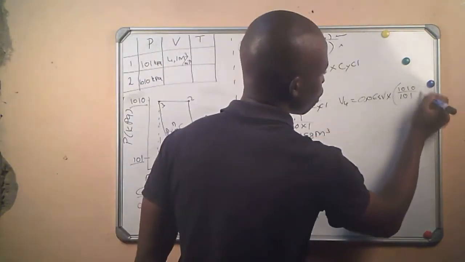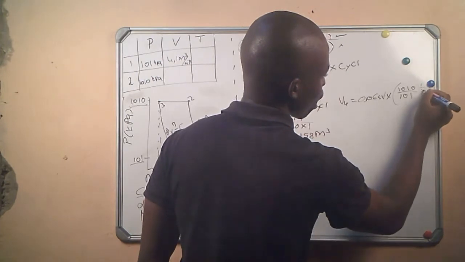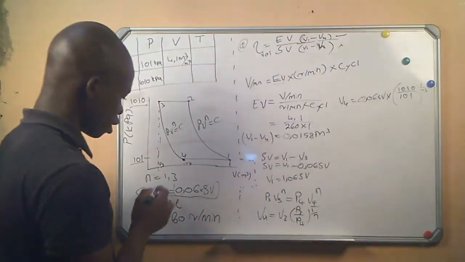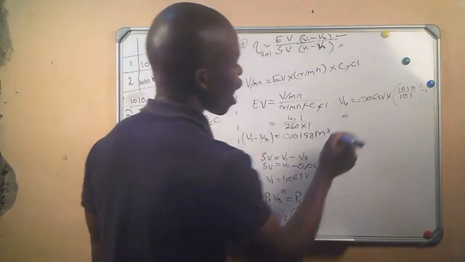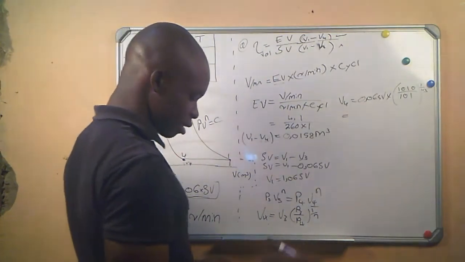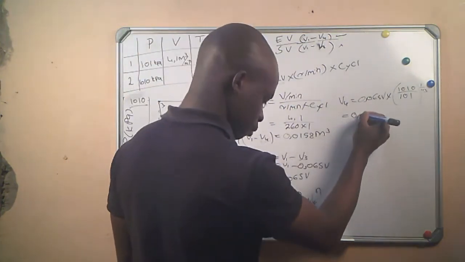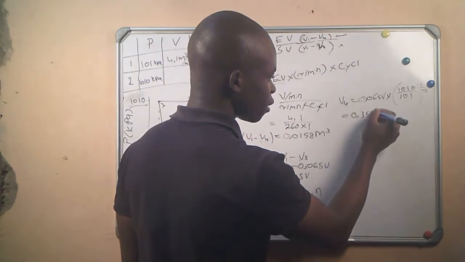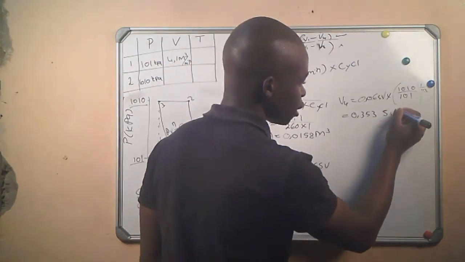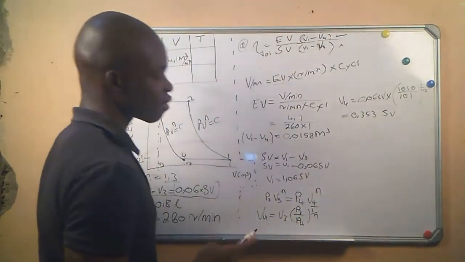And then it's 1 divided by our index, which is 1.3. And then we get the answer. Our answer is 0.353, and it is also given in terms of SV.